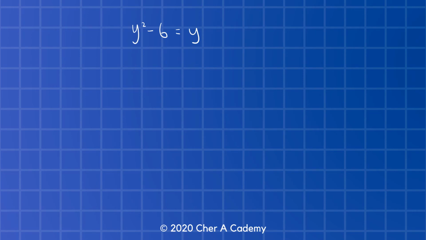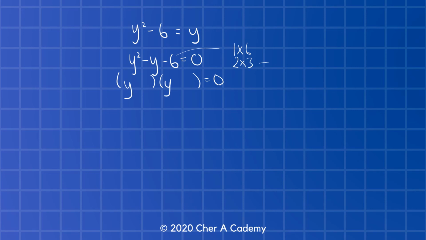Okay, looks like we have a quadratic equation here. So I'll put them all to one side. y squared minus y minus 6 equals 0. Factorizing this, I have my y and y here to make y squared. The last number is 6, so I can either do 1 times 6 or 2 times 3.